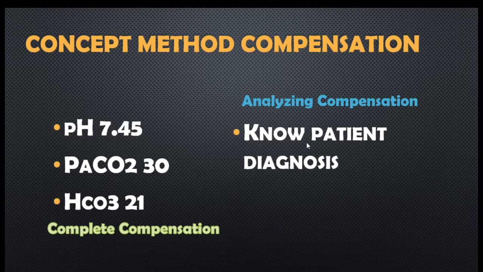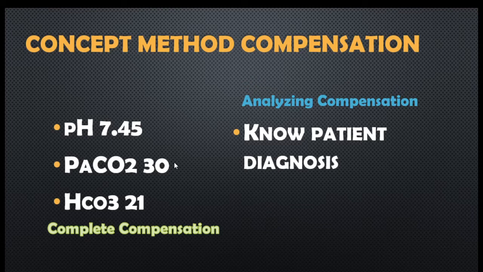If the admitting diagnosis of the patient is diabetic ketoacidosis, I would assess this one as metabolic acidosis with complete compensation, because we are now focusing on the metabolic part of the ABG analysis, which is the HCO3, meaning metabolic, not the PaCO2.